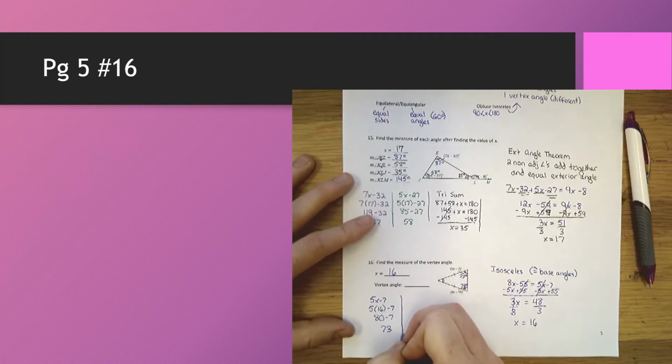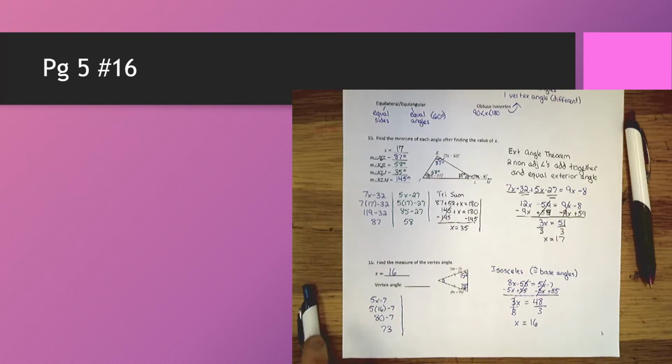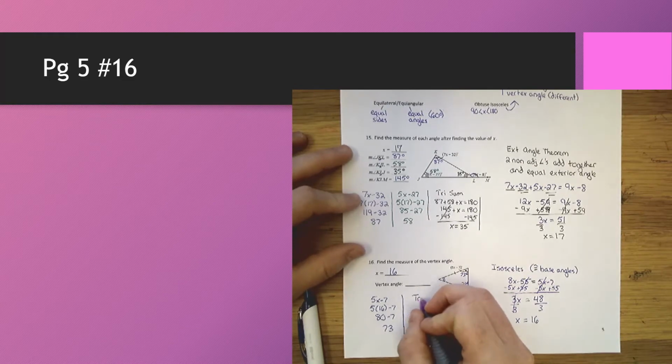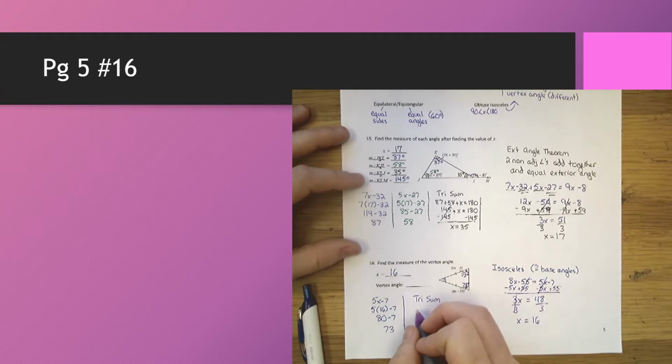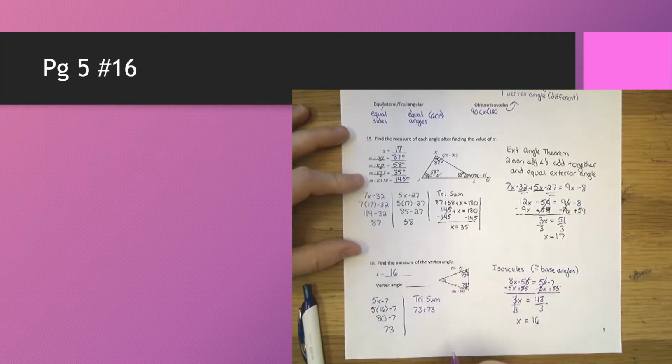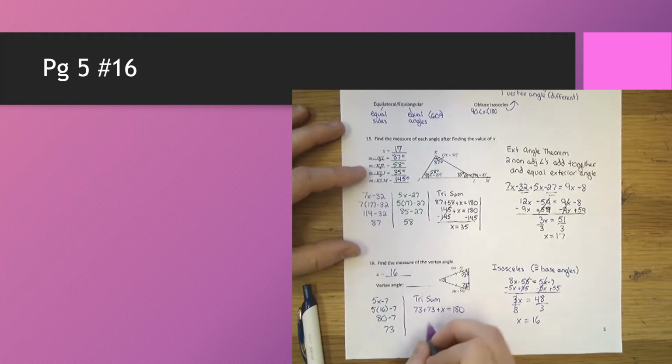So now the way I am going to find my vertex angle is through the triangle sum theorem. Triangle sum tells us that all angles inside a triangle have to add up to 180. So 73 plus 73. I don't know what this angle is, so I'm going to mark it as x. So plus x equals 180. So 73 plus 73 is 146.